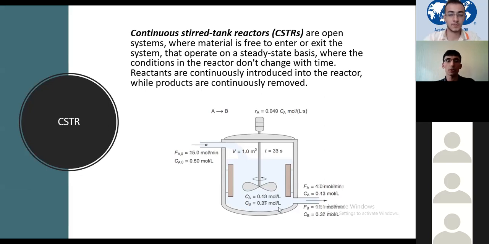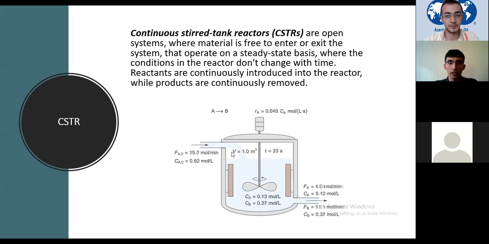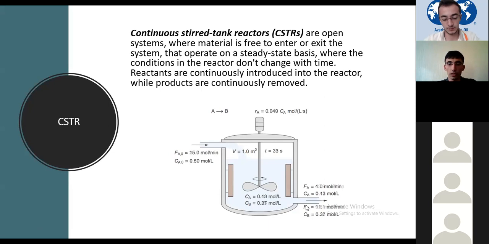As you can see from the picture, there's a stirrer and there's continuity, meaning you can feed your raw material inside the reactor continuously and get your product from the other side continuously. There's a stirrer inside so that the conditions inside the reactor are always at steady state and don't change over time, so you can continuously feed raw materials in and get your desired product out.